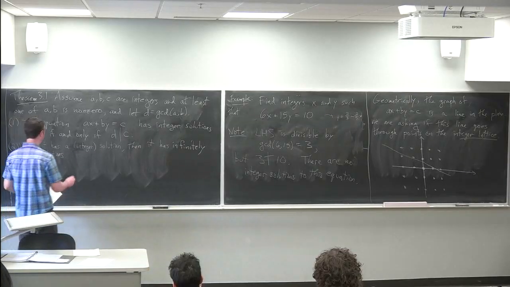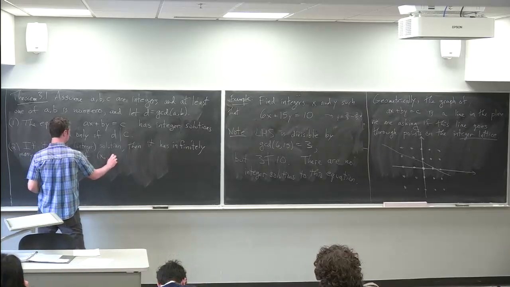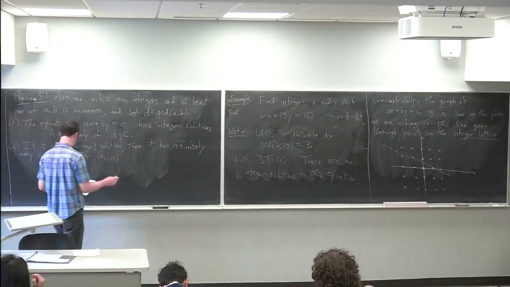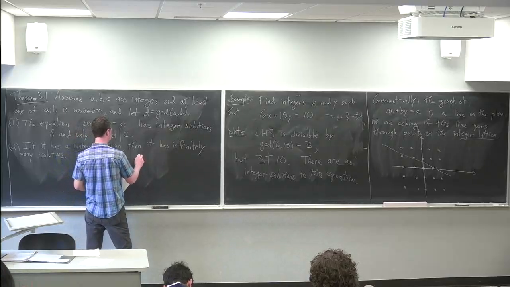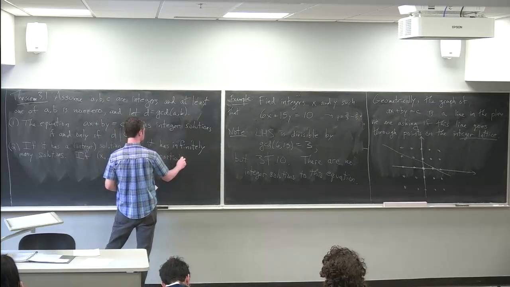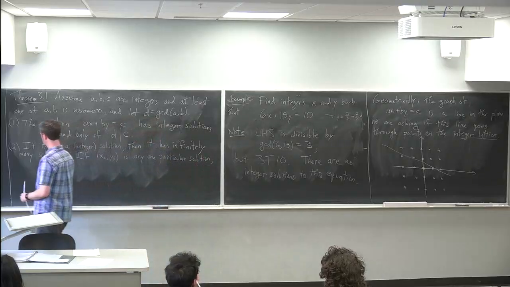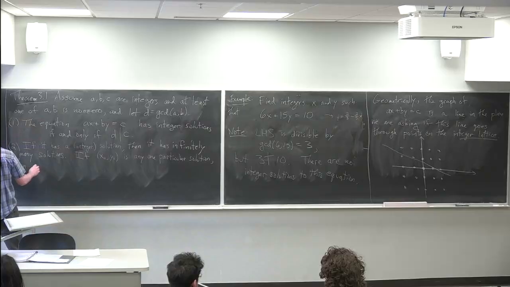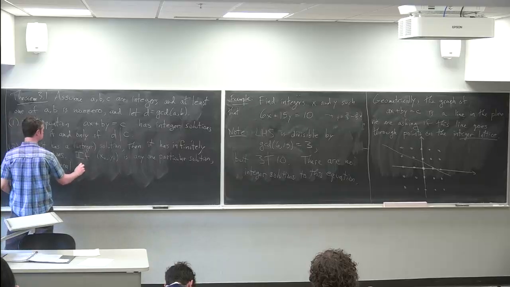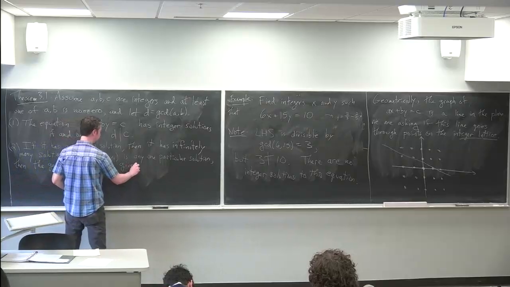Okay, and so let's say we know one solution, and let's call it x naught, y naught. If that's one pair that satisfies the Diophantine equation, any one particular solution that you happen to know, then the general solution, which is supposed to be describing all possible solutions, is given by the following formula.